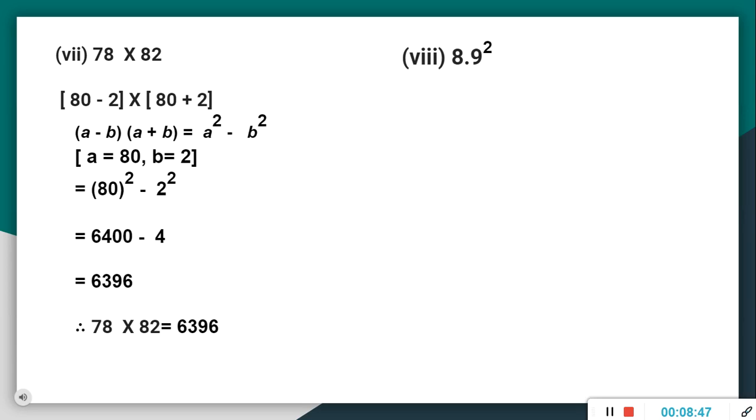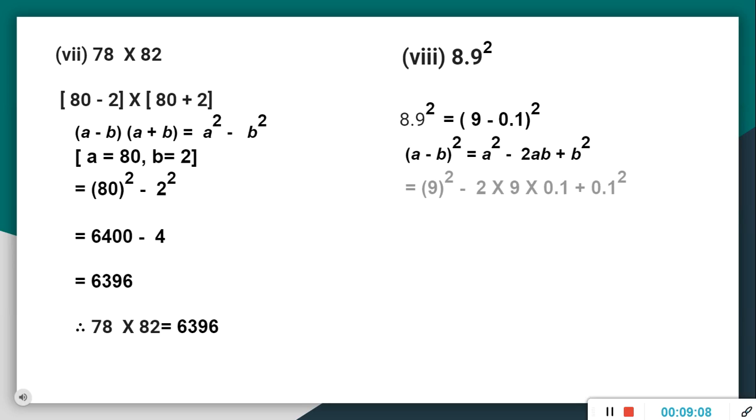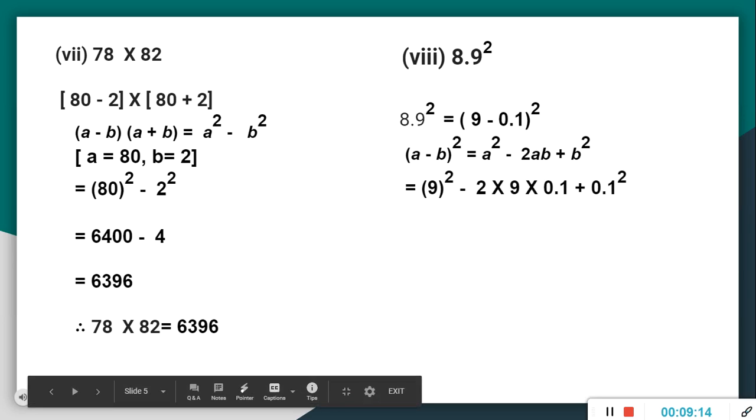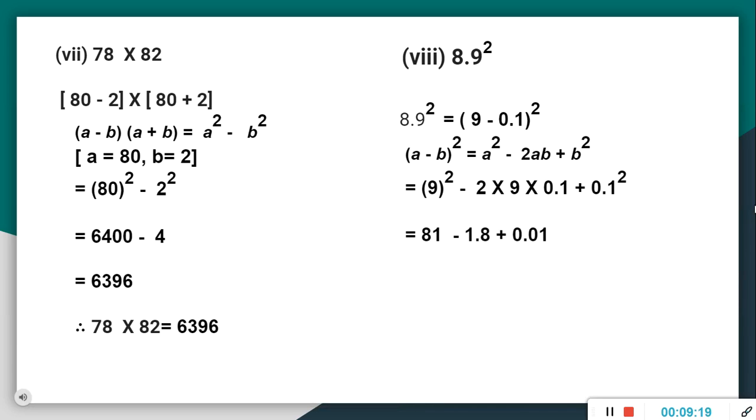Now question number 8: 8.9 square. So 8.9 can be written as 9 minus 0.1, right? So here (a minus b) whole square is our second identity. So (a minus b) whole square is equal to a square minus 2ab plus b square. Here a is 9, b is 0.1. So 9 square minus 2 into 9 into 0.1 plus 0.1 square. 9 9s are 81 minus 2 9s are 18, 18 into 1, 18, but we have to put the decimal, so that is equal to 1.8 plus 0.1 into 0.1, that is 1 1 is 1, so putting decimal, 0.01.